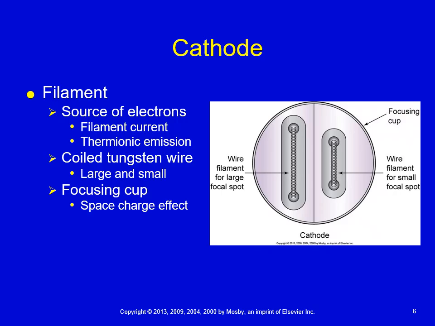But they are enclosed, with the exception of the front, by the focusing cup, which also has a negative charge. So as the negatives are trying to get away from each other, they hit the focusing cup, which also has a negative charge, so it pushes them back together. We call that electrostatic repulsion.